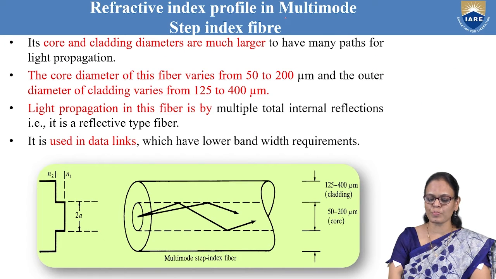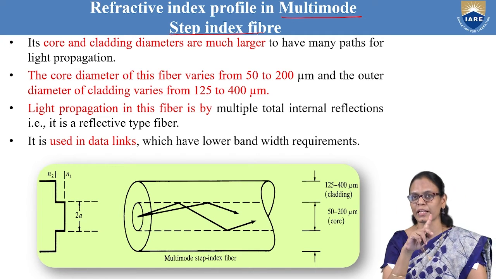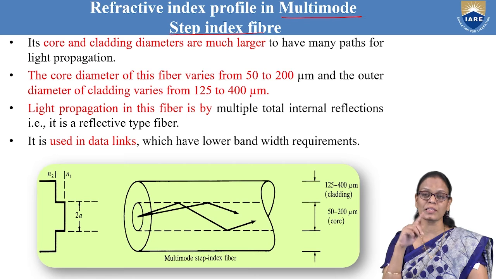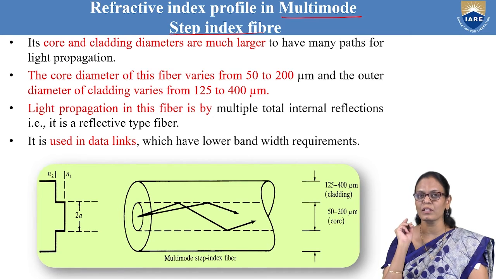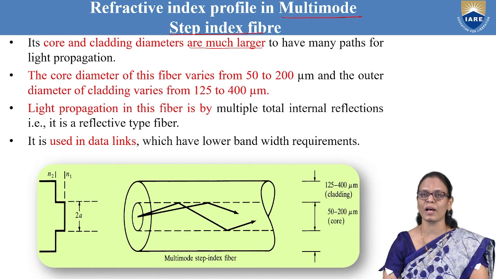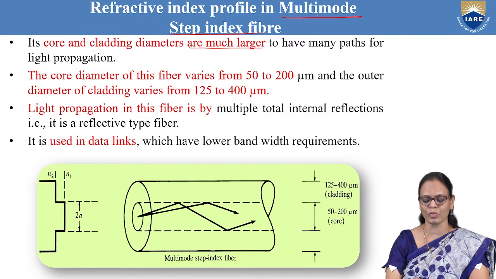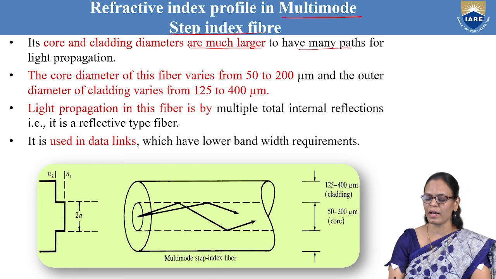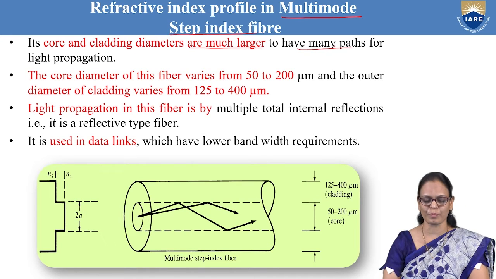Now, the refractive index profile of multimode step index fiber. In step index, we have two types, single mode and multimode. In single mode, the diameter of the core is small, so the light travels through a single path, and there is a step change in the refractive index. Here the core and cladding diameters are larger. Whenever we talk about multimode, the diameter of the core has to be large so that it allows many paths for light propagation.